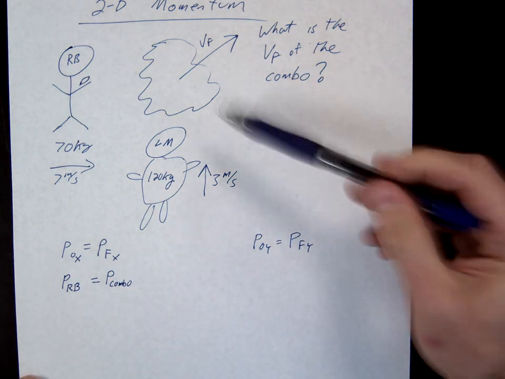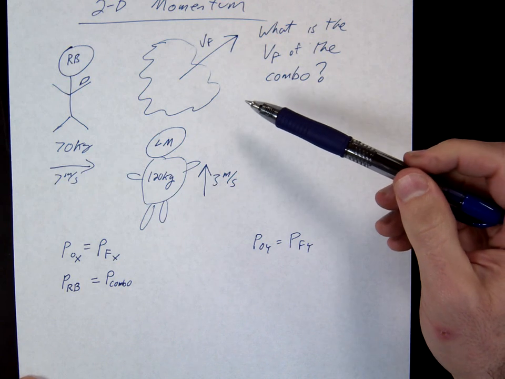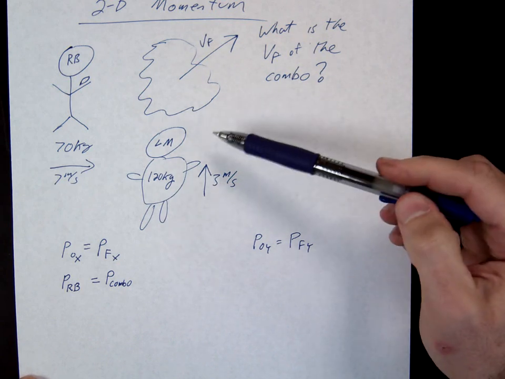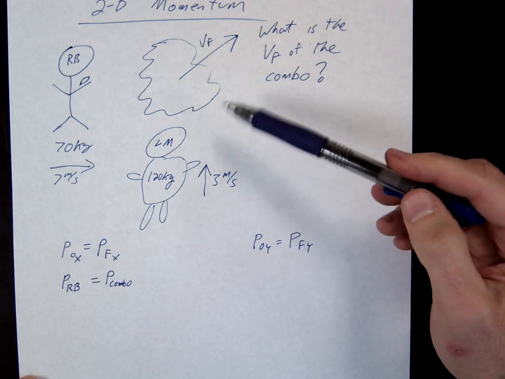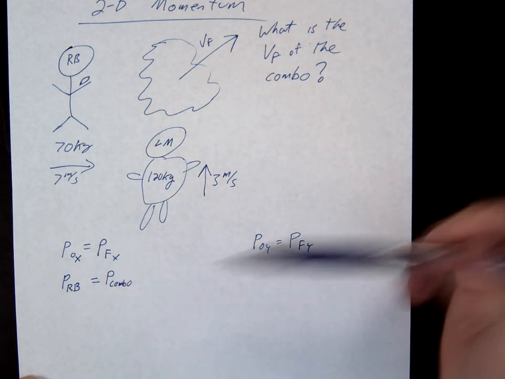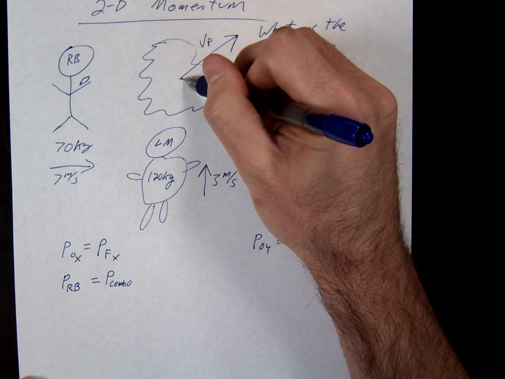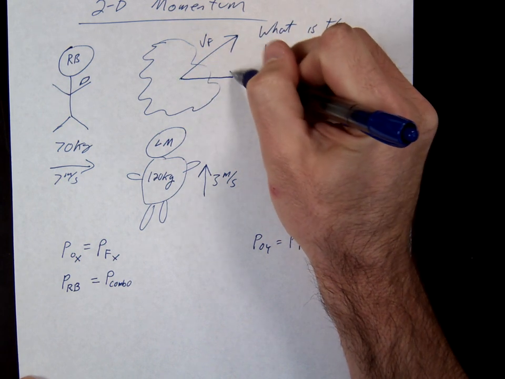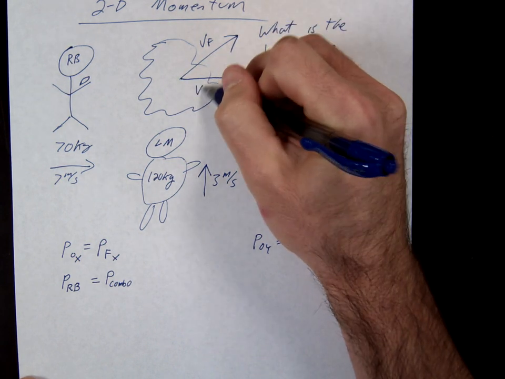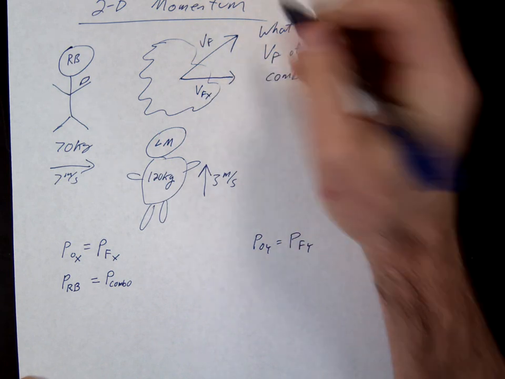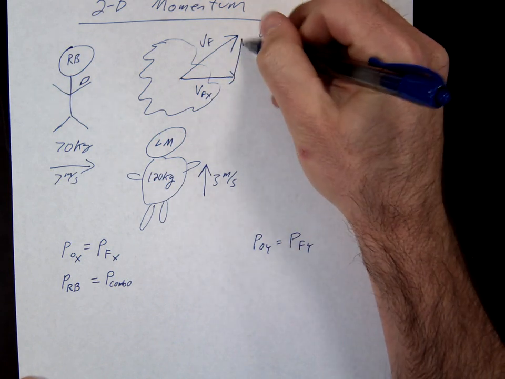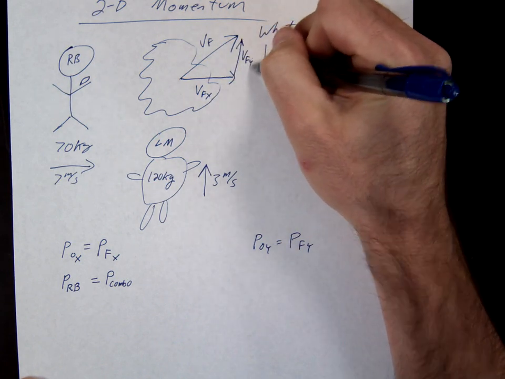What type of collision is this, by the way? Completely inelastic. Yeah, completely inelastic. So this is going to be the P combo. So notice that the combination has a V final x velocity and a V final y velocity.